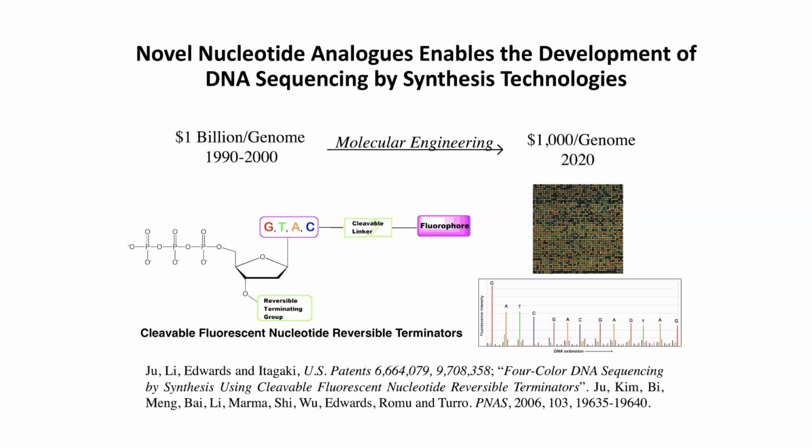I use the sequencing technology to first demonstrate the power of this approach. For example, we used a structure-directed approach to design these nucleoside triphosphate reversible terminators that led to sequencing the human genome, from the Sanger era to a $1,000 genome.